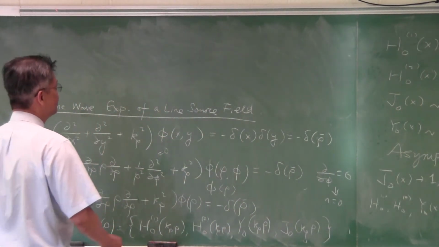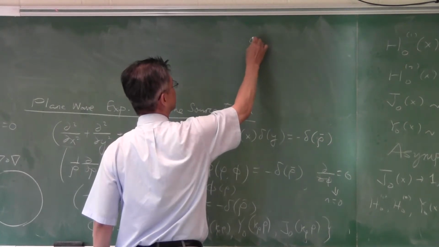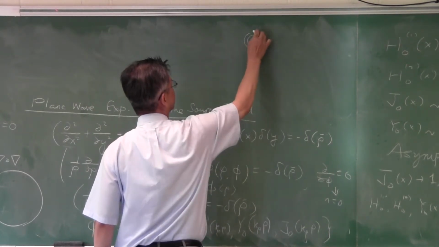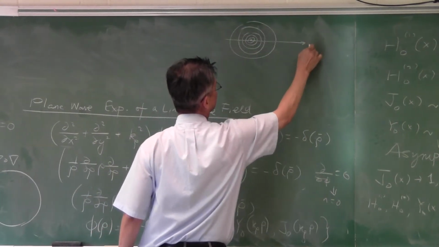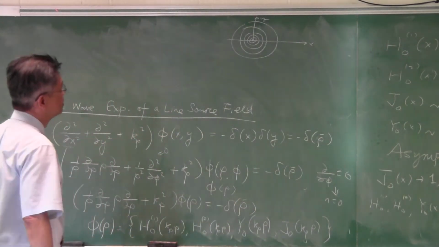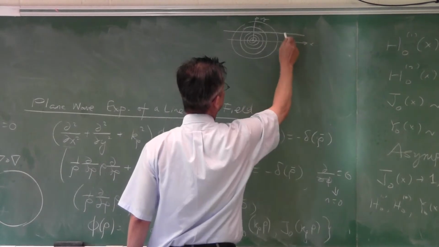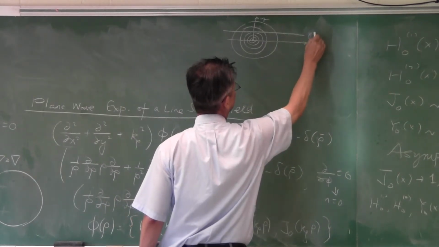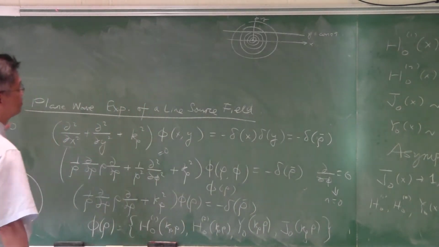We assume that you have a line source here. The line source produces a field which is described by a Hankel function. Okay. I can use the Fourier transform theorem and take a cross section at a place where y is a constant.